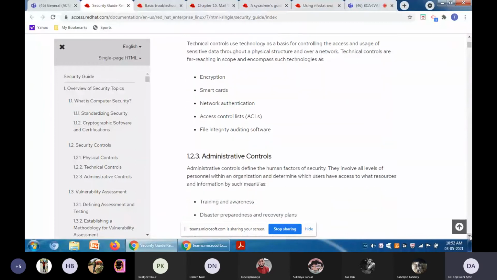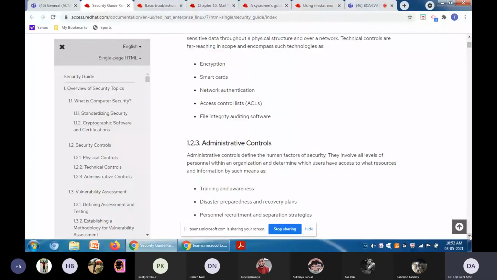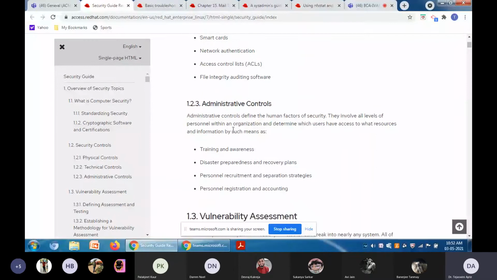And then we are going to have the administrative control. The administrative control covers all levels of personnel within an organization and determines which users have access to which resources. This is what we have discussed with the Bell-LaPadula as well as the Biba model. The Biba model works with integrity, and Bell-LaPadula takes care of confidentiality.